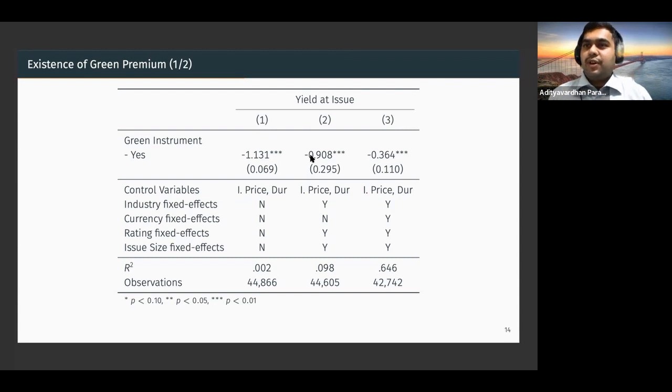This equation is run on the fixed income data set, which contains both green and normal bonds. We also use a combination of fixed effects as well as control variables to try and establish that the yield is affected by the attribute of being a green instrument or not. Further, we can say that these results are in line with most of the existing literature for primary markets. Next slide, please.